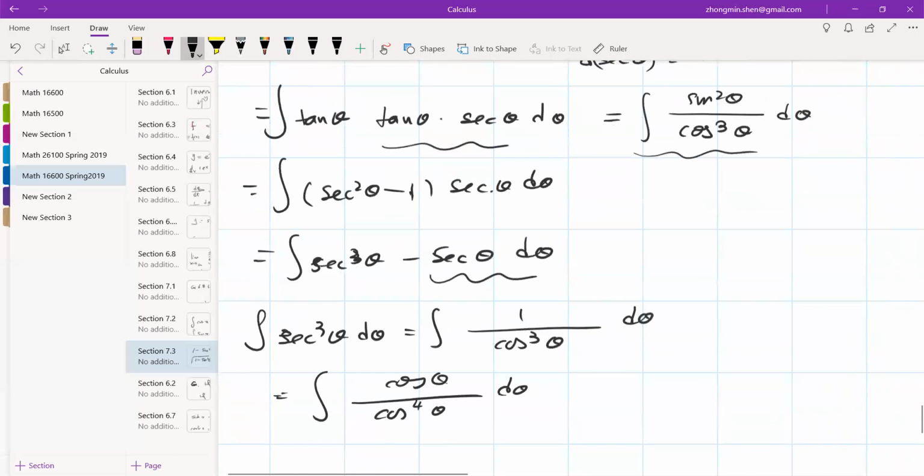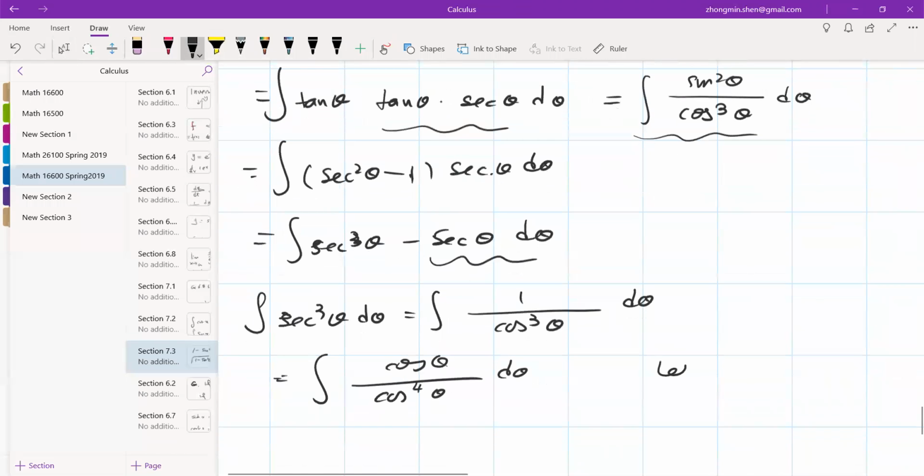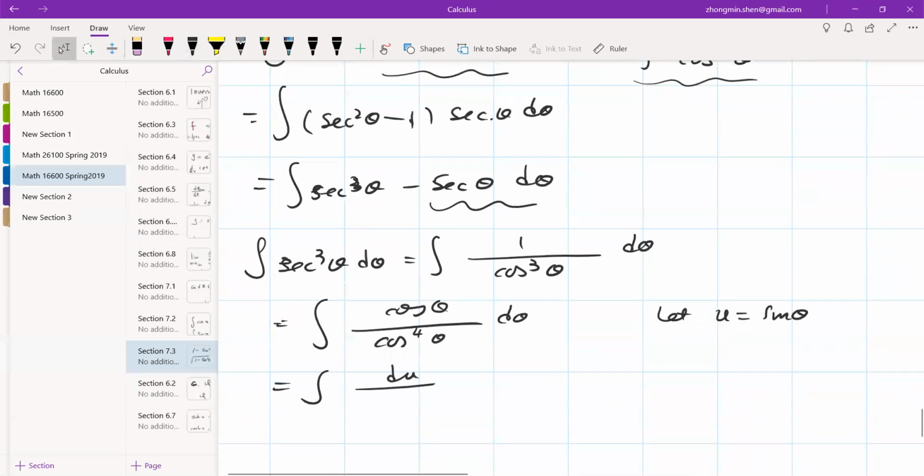Then you let u be sine theta. So the numerator becomes du. The denominator is, because cosine to the fourth theta is going to be 1 minus sine squared theta, squared. So you end up with this, and this is a very complicated term.